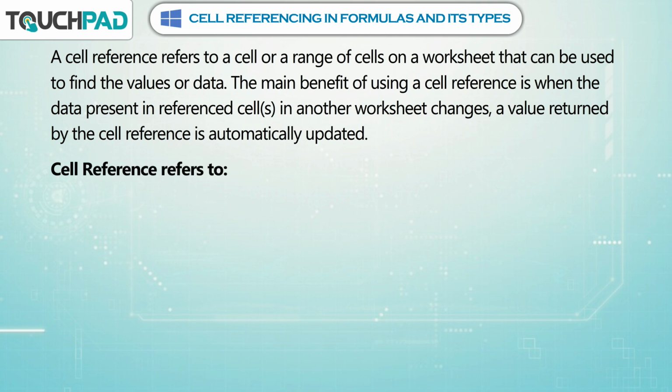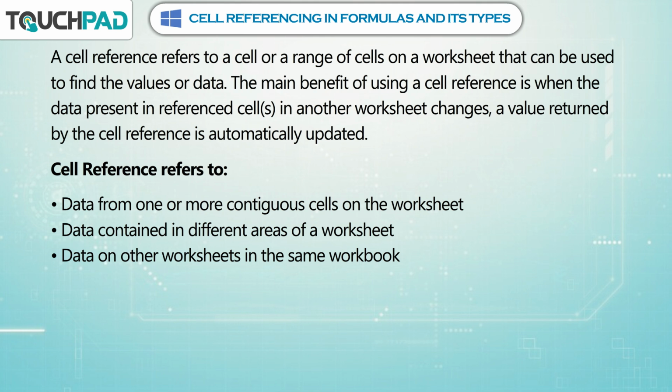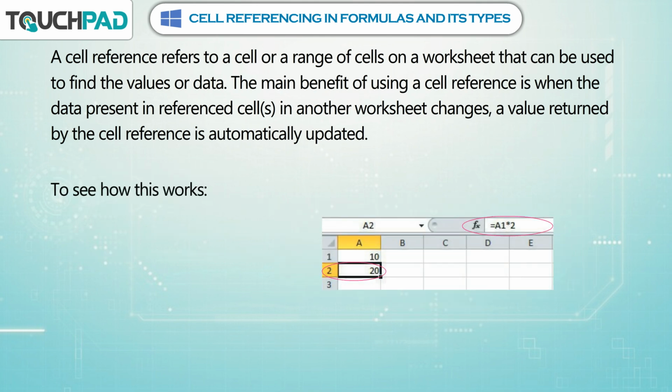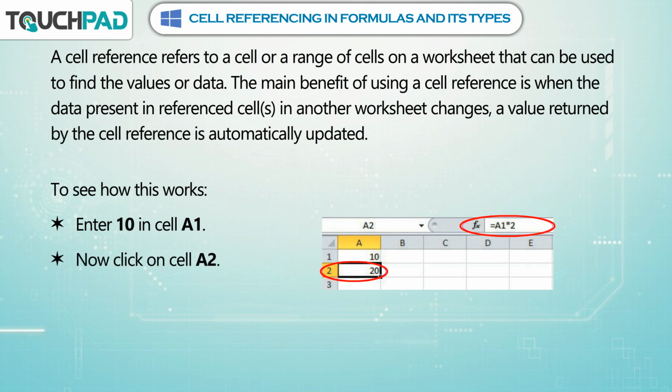Cell reference refers to data from one or more contiguous cells on the worksheet, data contained in different areas of a worksheet, or data on other worksheets in the same workbook. To see how this works, enter 10 in cell A1. Now click on cell A2.